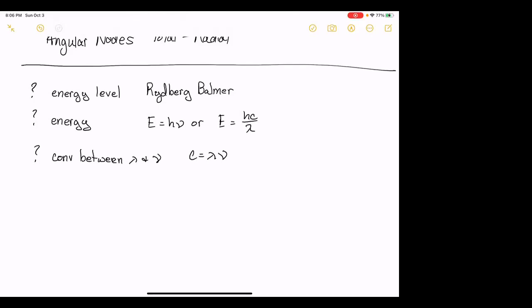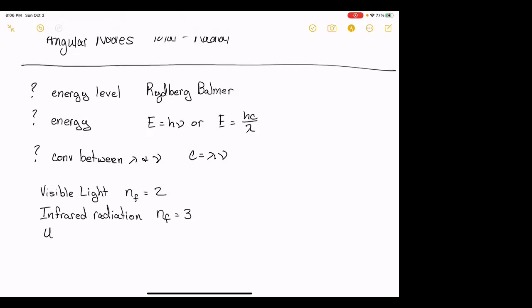The next type of keyword that will help you is if I see the words visible light, then n sub f has to equal 2. If I see the words infrared light or infrared radiation or something like that, then I'm talking an n sub f equal to 3.